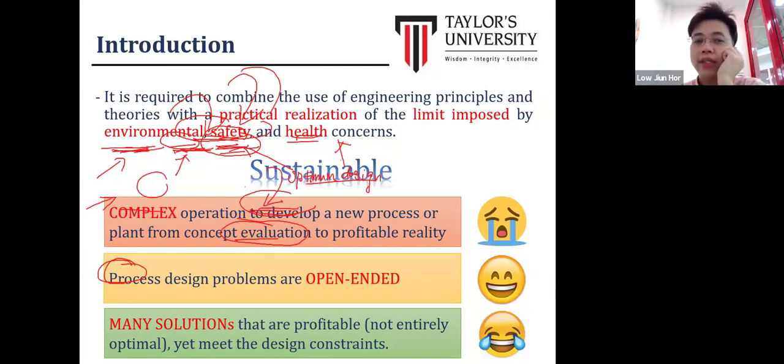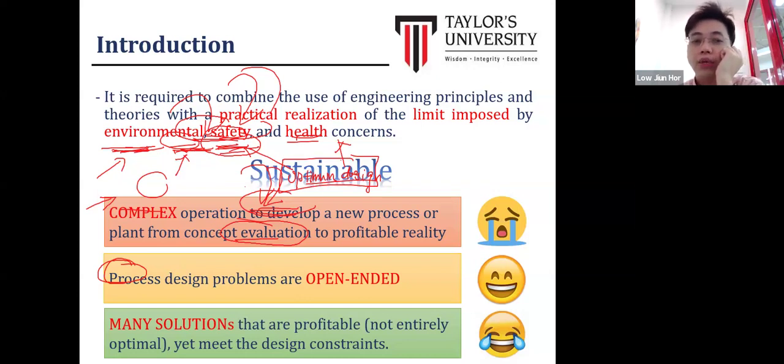So in order to address these external factors or considerations, and the most important is profitability, sometimes we cannot select the most optimum design in the steps involved in our chemical plant design.